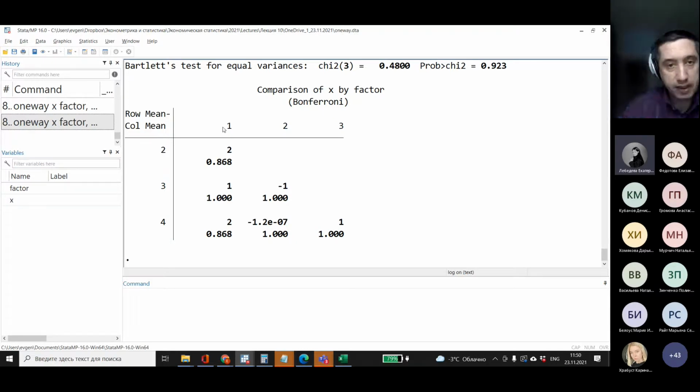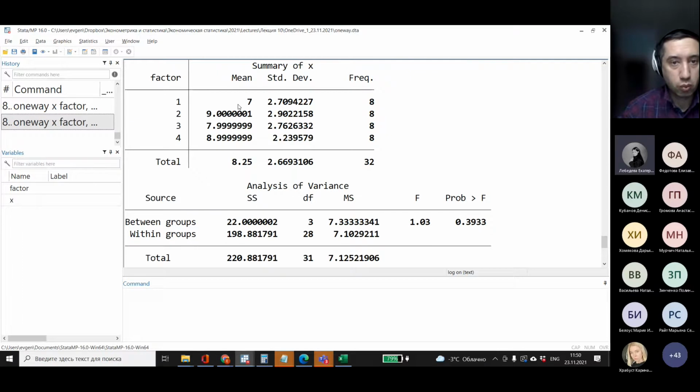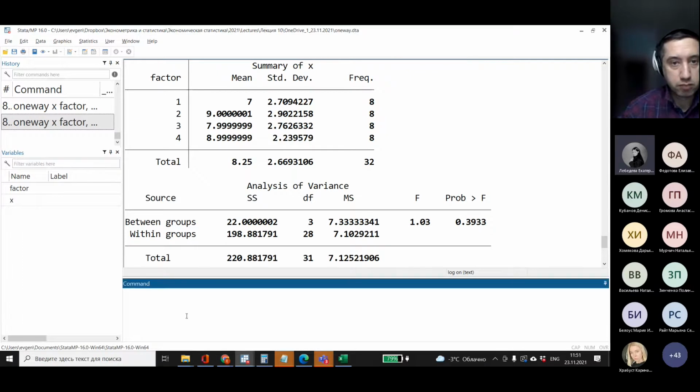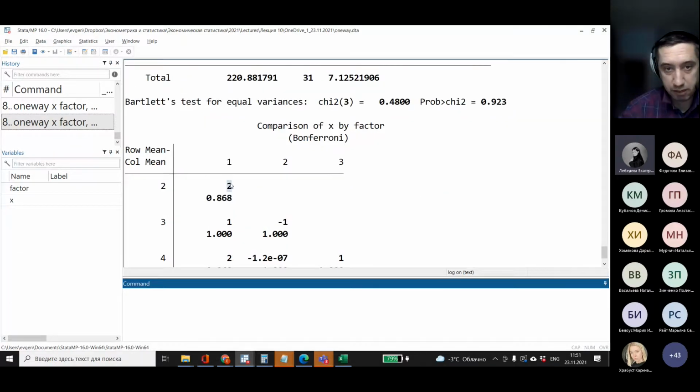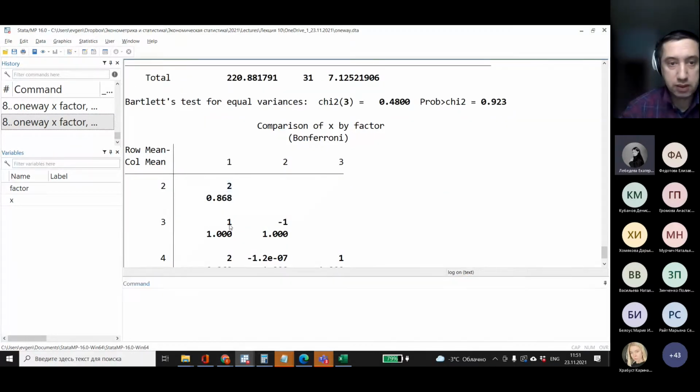For example, the difference between the average for level 1 and for level 2 is 2. Let's check. 1 and 2. The difference between 9 and 7 is 2, right? Exactly the same number is here. Difference between 3 and 1.